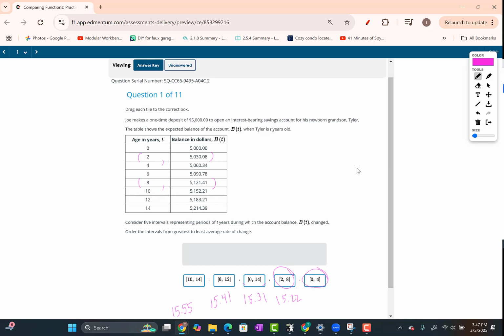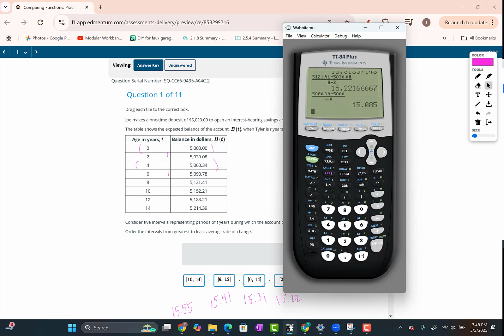And finally, check the rate of change from 0 to 4. Same thing. Pause the video, try it on your own, and then I'll show you what I got. So this last one I got 15.085, which would round to 15.09.